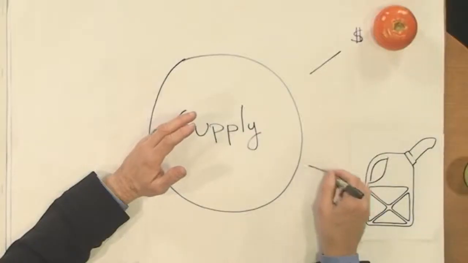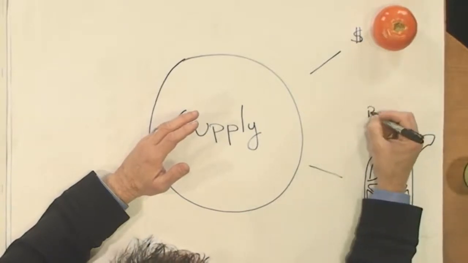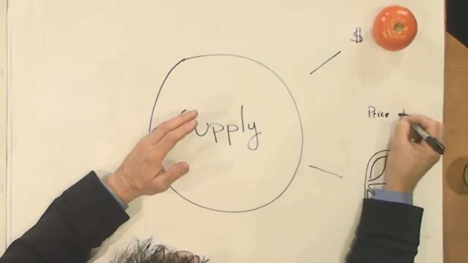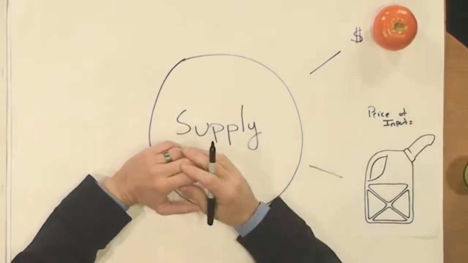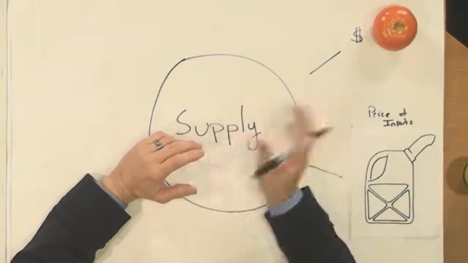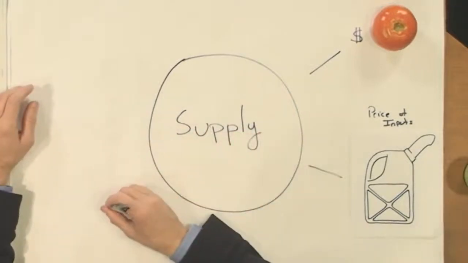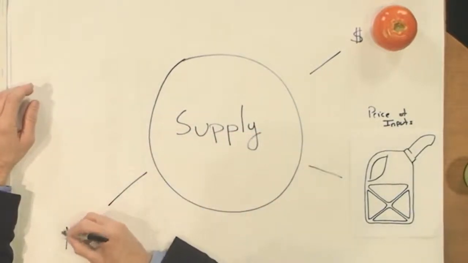So anytime the price of those inputs changes, the cost of supplying tomatoes changes, and you have to adjust how many tomatoes you're willing to sell. So supply is affected by the price of the tomatoes and the price of your inputs.